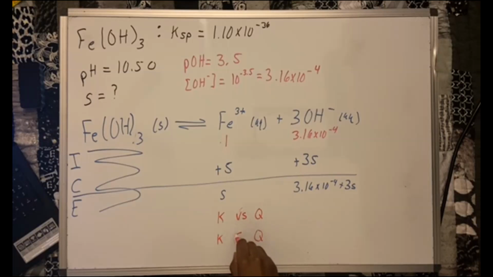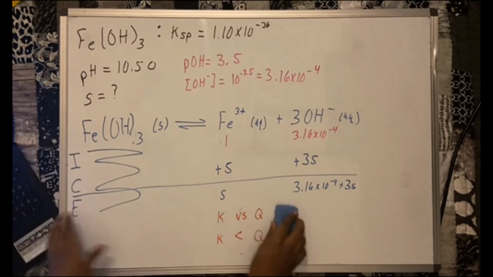You want to shift that way. If you get this, then you would have a negative S. I think there's some questions on the worksheet, and I think I did them in a couple other videos where you do get a negative S. So if you get something where K is less than Q, then it would shift that way. No problem. Good catch. Good question.